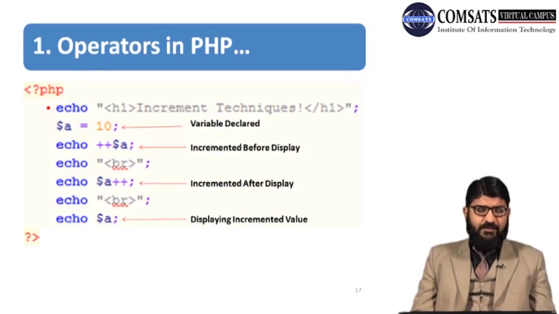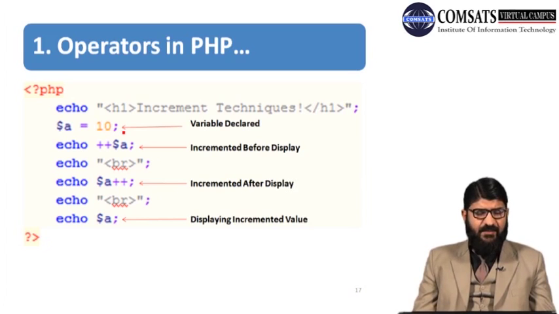Now the PHP code for it, the heading is mentioned: increment techniques. Now see how the $a variable is declared with a predefined value 10, and then we are presenting echo.